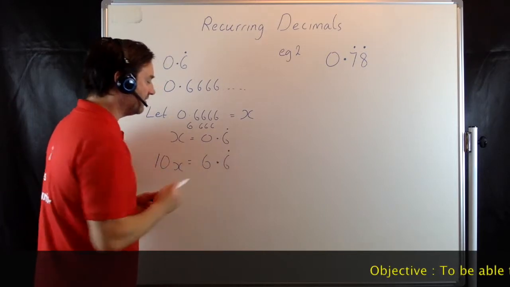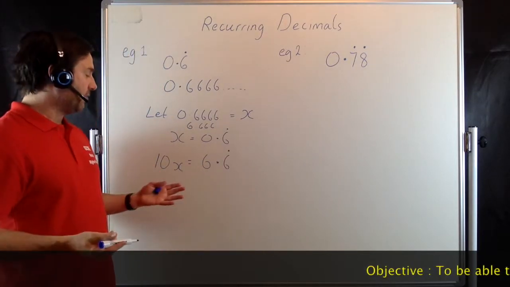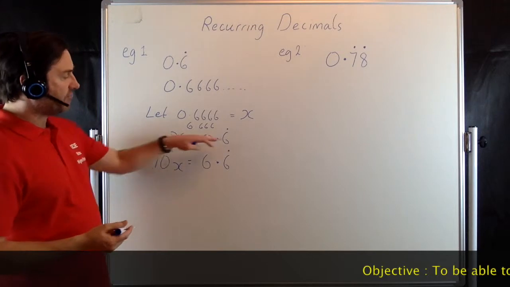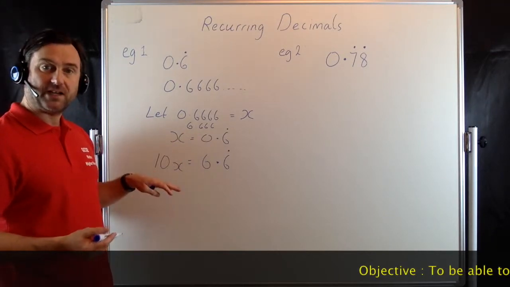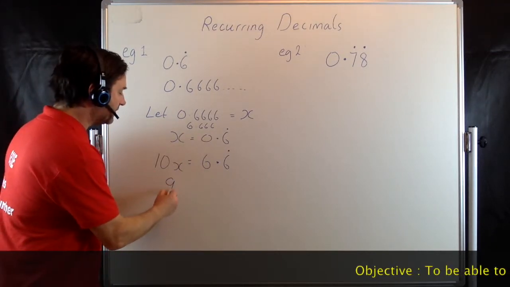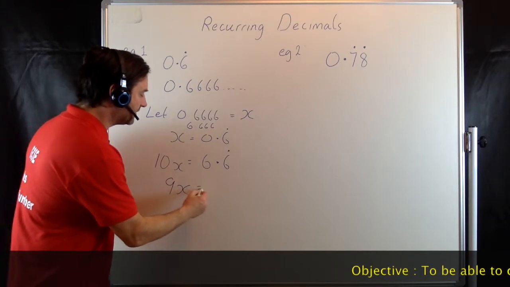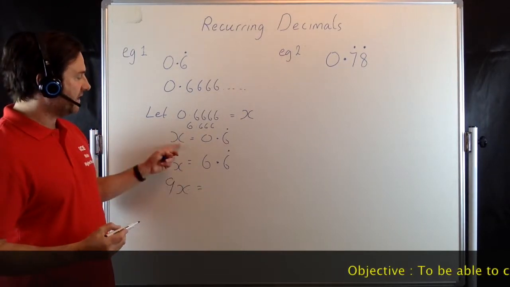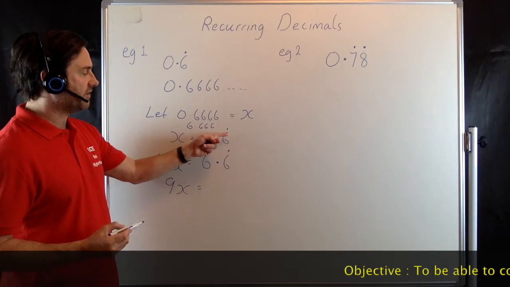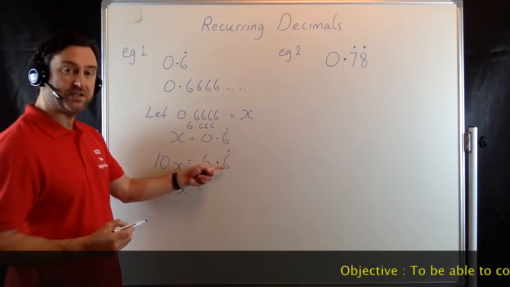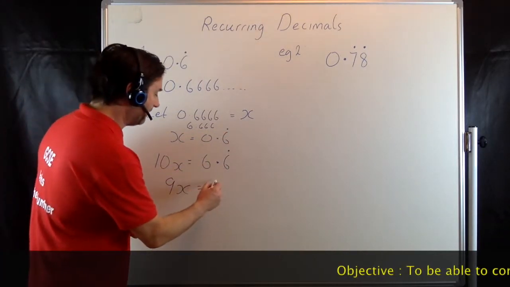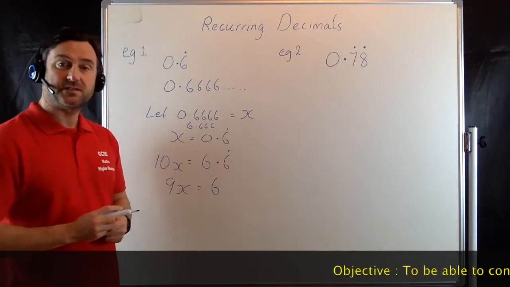6.6 recurring. Now what we can do is take our original x away from our 10x, which is going to leave us with 9x. If we take the 0.6 recurring away from the 6.6, we're just going to be left with 6.